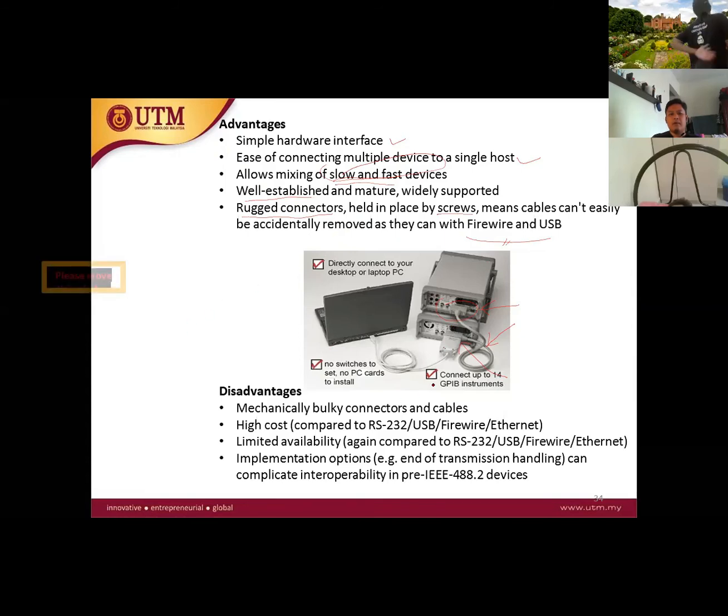But there are some disadvantages. The connectors and cables are mechanically bulky, and the cost is much more expensive than a usual connector or interface standard like RS-232, USB, and so on.